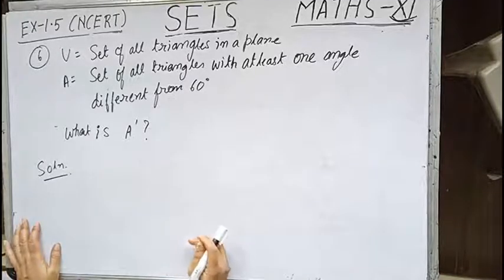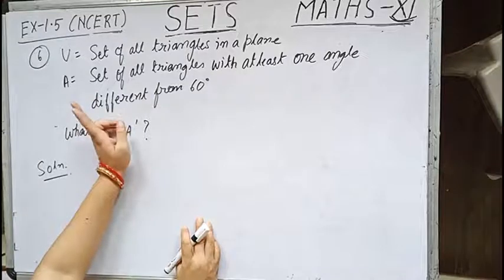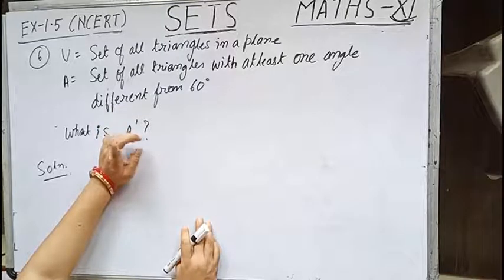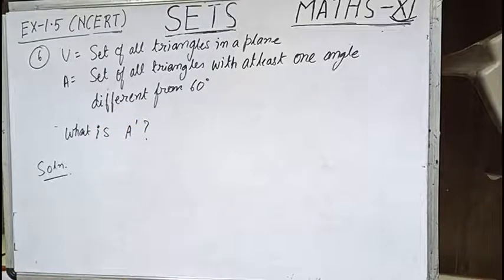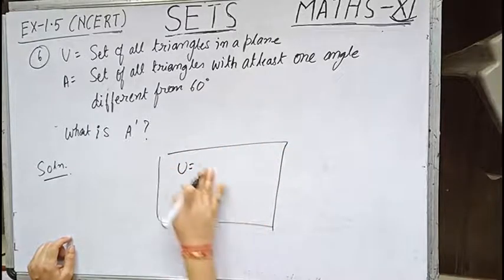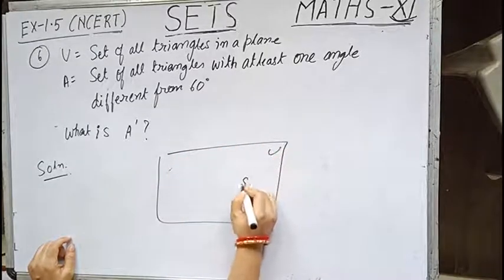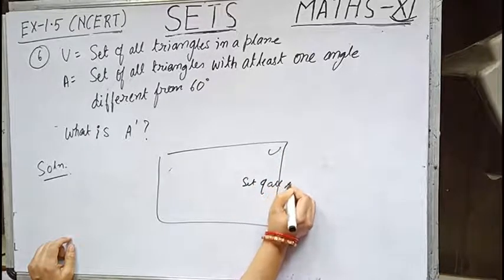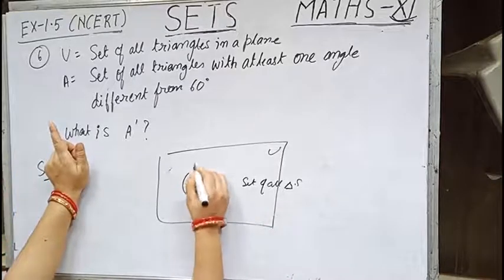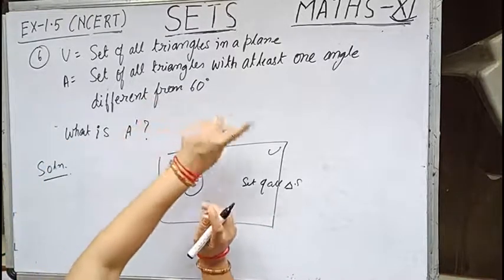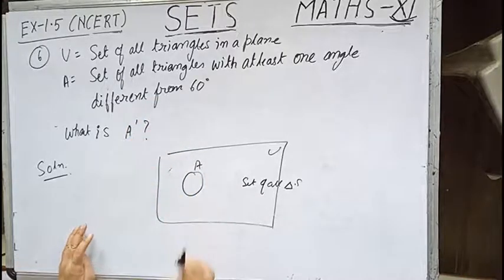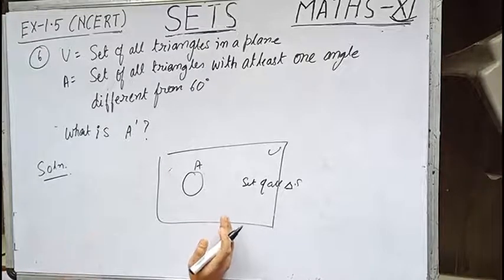Question number 6 says that if U, the universal set, equals the set of all triangles in a plane, and A equals the set of all triangles with at least one angle different from 60 degrees. So U is the set of all triangles, whatever type of triangles there are. And set A is the triangles with at least one angle different from 60 degrees, that is not 60 degrees.